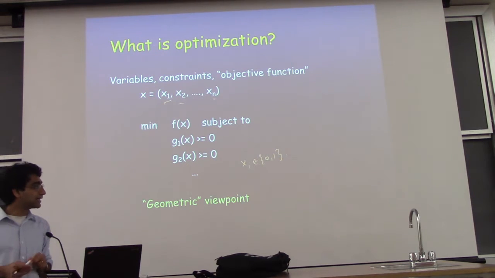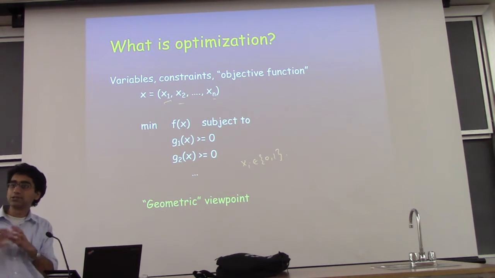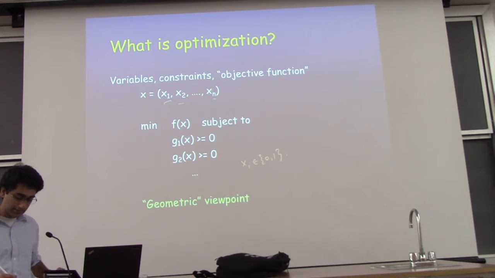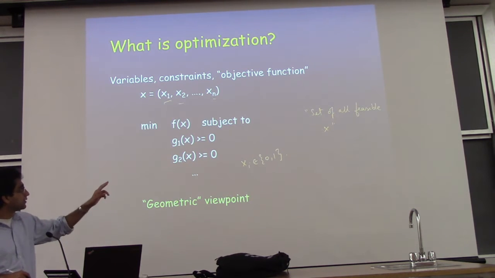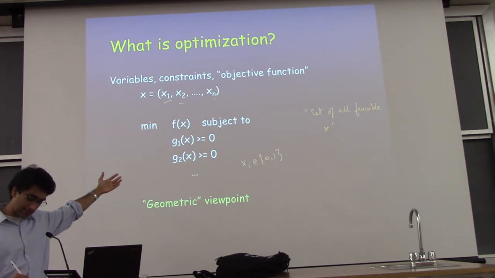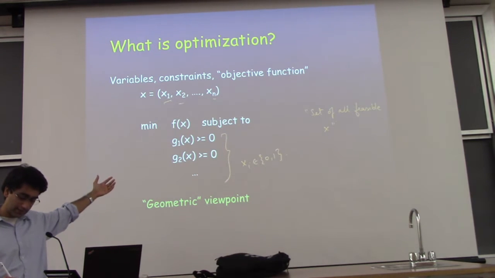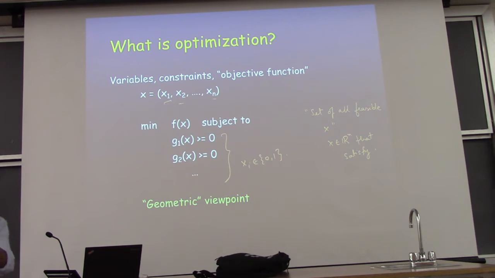And we said you can usually view this in a geometric way. You can look at the set of all feasible x, the set of all x in Rn that satisfy all these constraints. And we saw some pictures of sets like this.